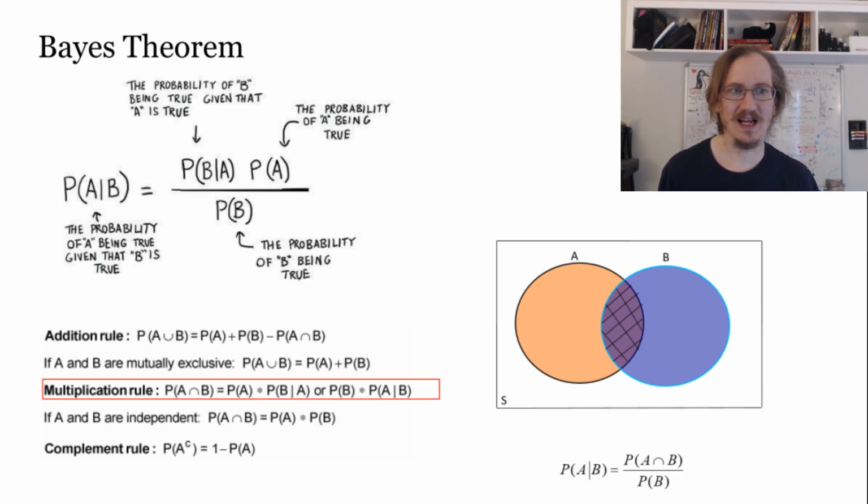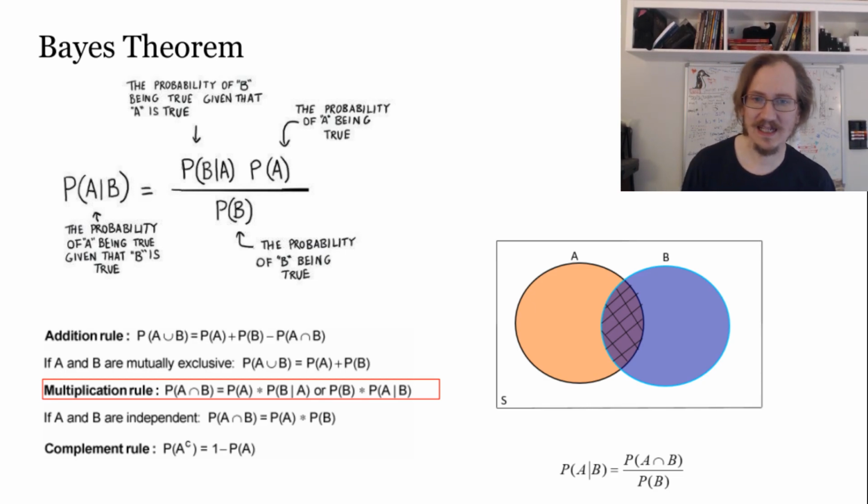Now this is equivalent to the reverse, the probability of B given A. So Bayes is a great way of reversing the information you know. If you know something about the data, you can turn it around and ask a question about stuff you don't know about.